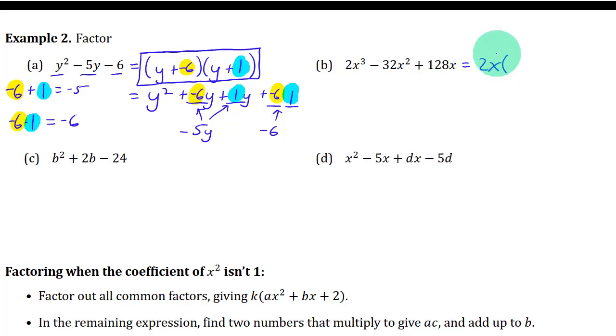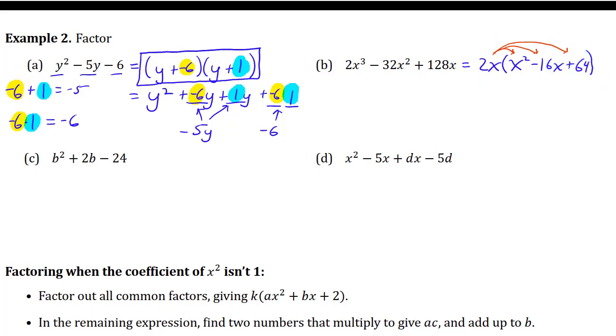So we can do 2x if we distribute this into these three terms that are left over. 2x times x squared gives you 2x cubed, minus 16x, and then plus 64. Yeah, so 2x times 64 would be 128x.